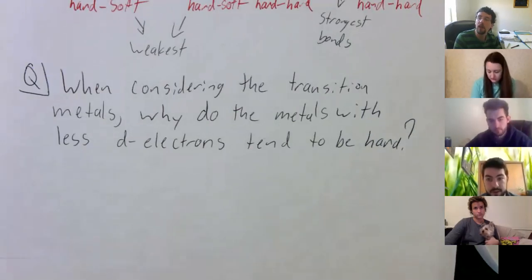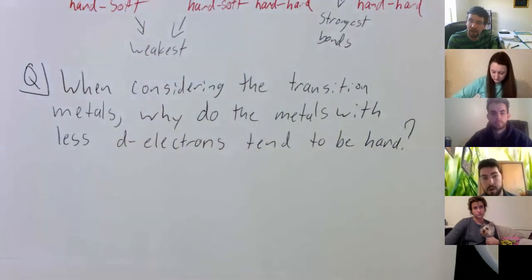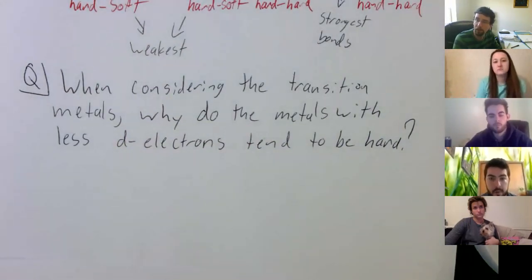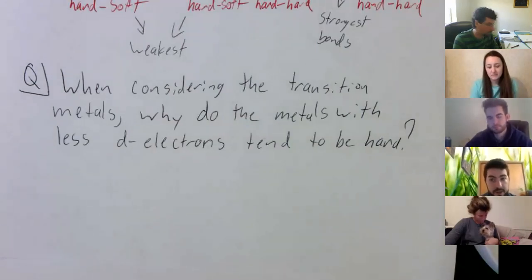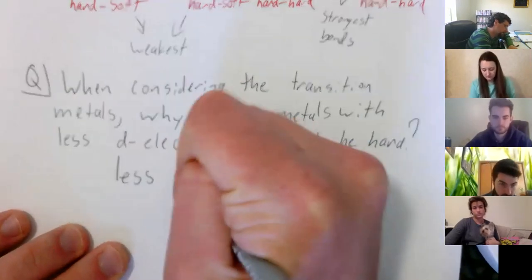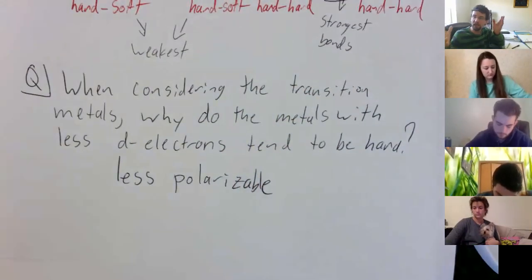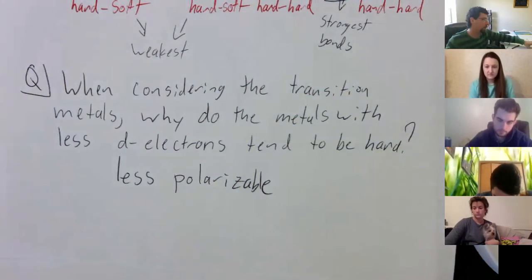The polarizability. So why does it make sense that with fewer d electrons, what's going to happen to the polarizability? Harder to polarize because there's less electron density in the first place. Right, so less polarizable. And keep that connection of hard and soft having to do with polarizability.